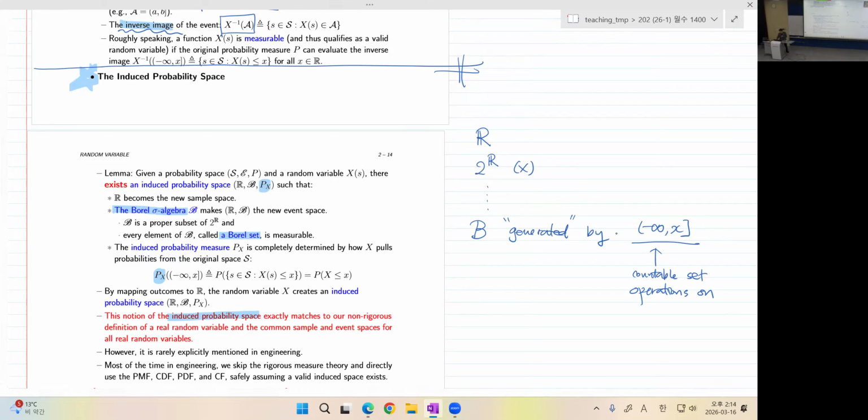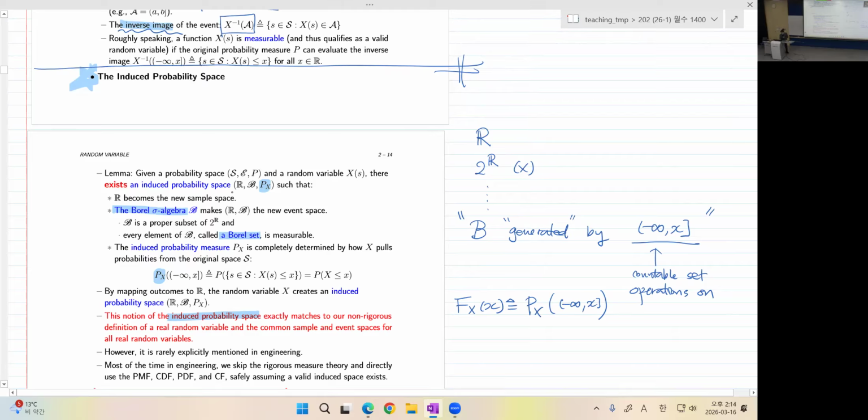So this idea gives us an interesting function. So let's define a function capital F sub capital X of x, defined as the induced probability measure evaluated at this interval.